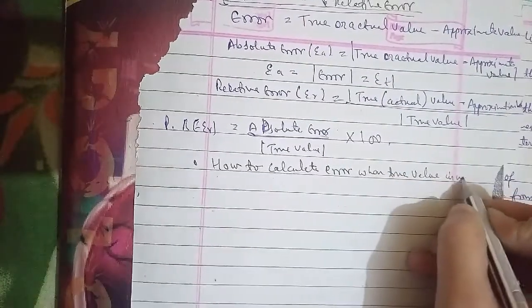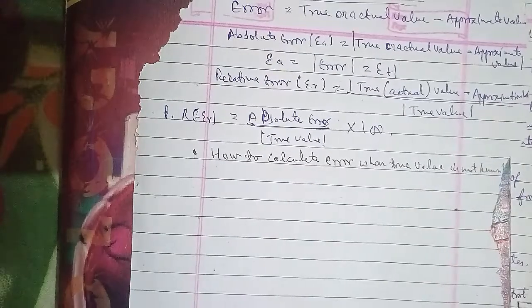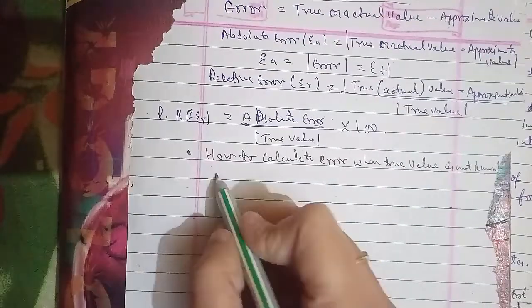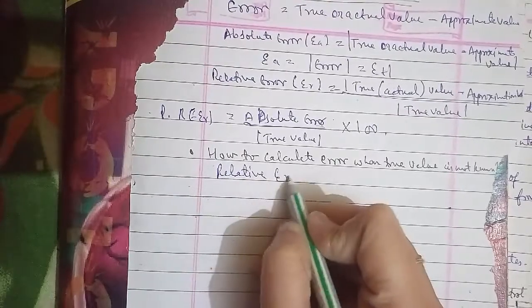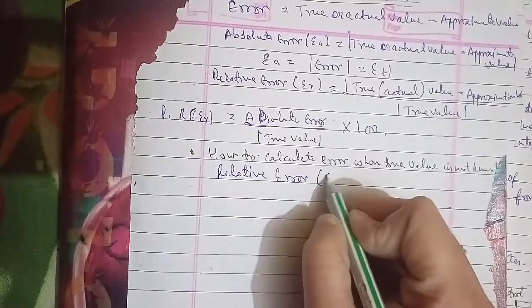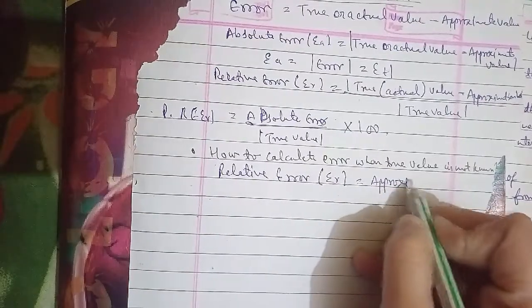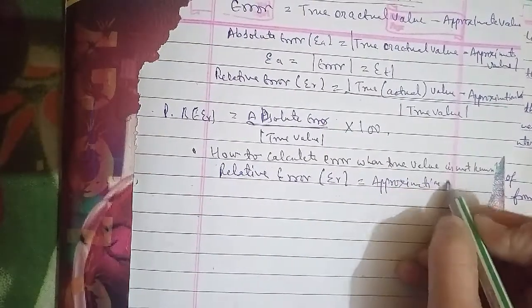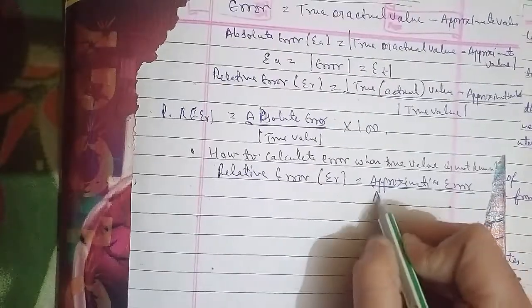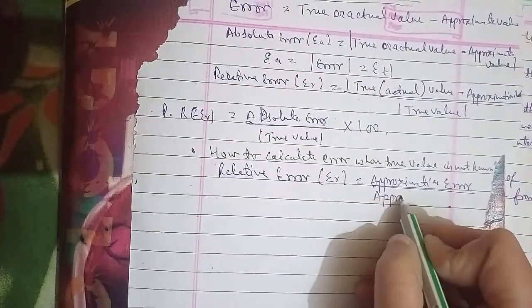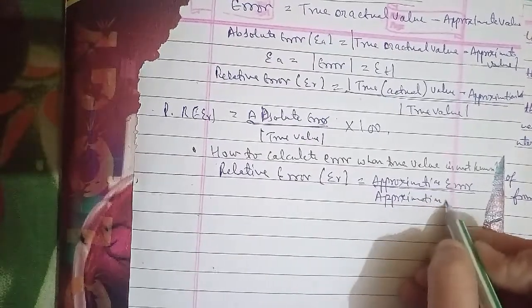So with the same cases we go ahead. So we have your approximation. So here for the same we have your approximate error equals to current approximation minus previous approximation. So for the same we have to find out.